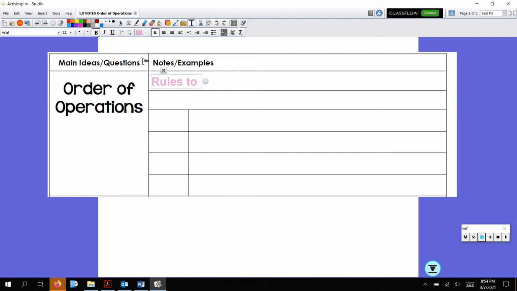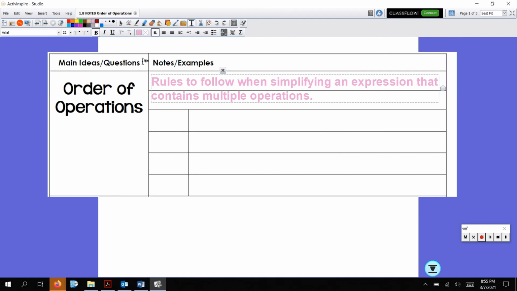The rules to follow when simplifying an expression that contains multiple operations.